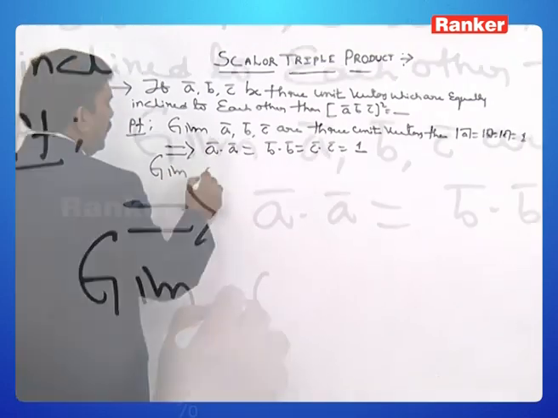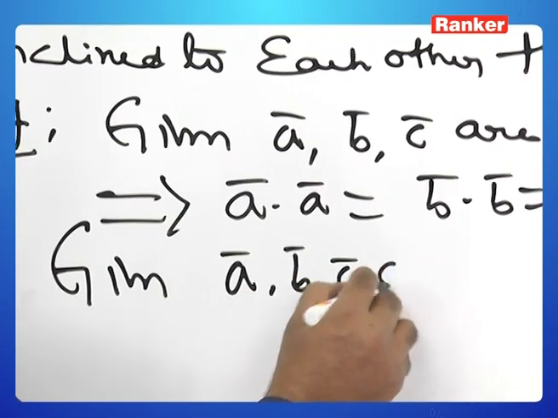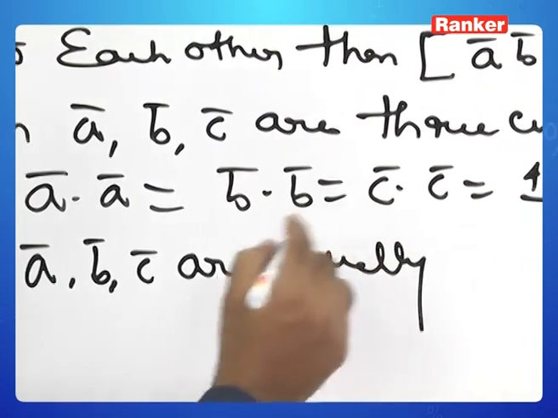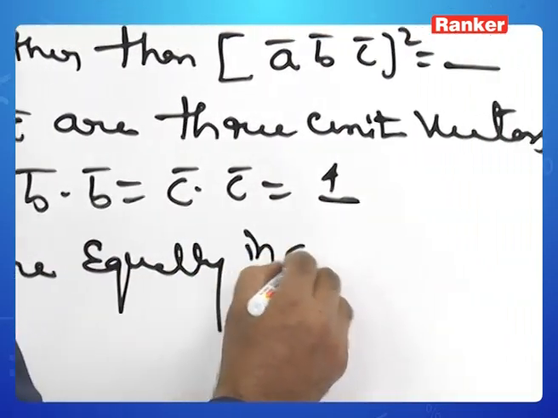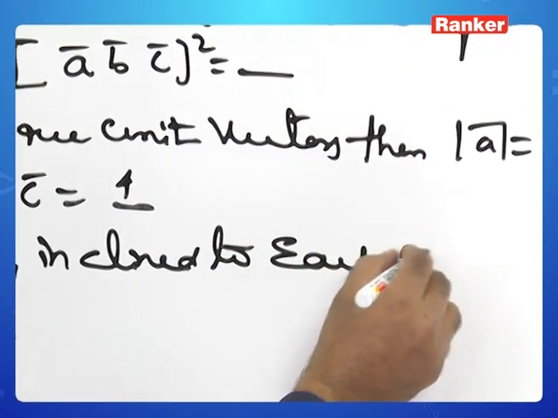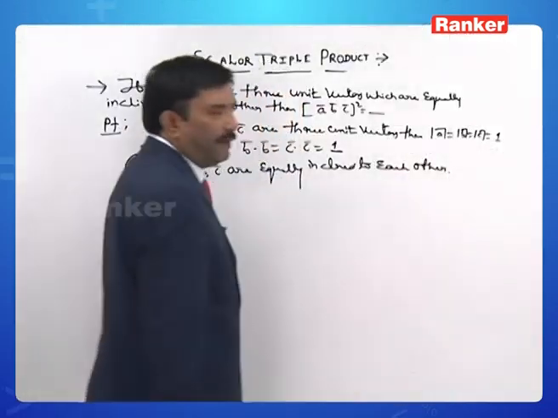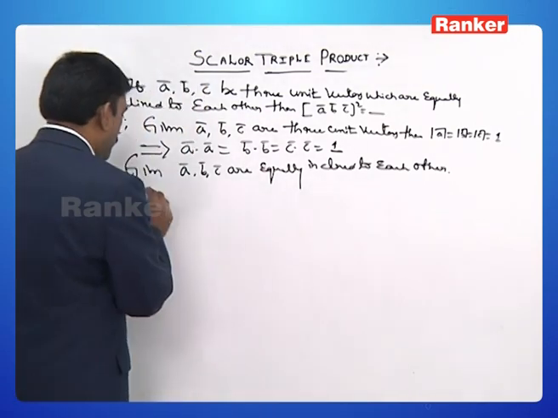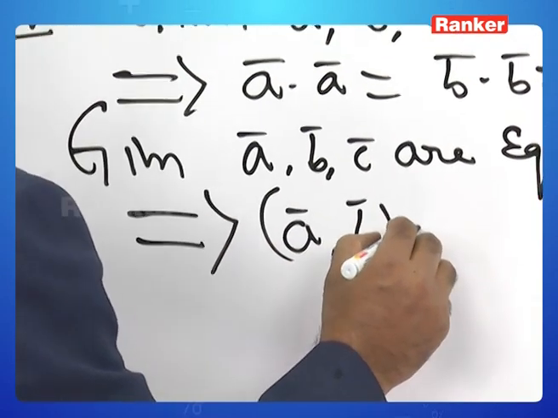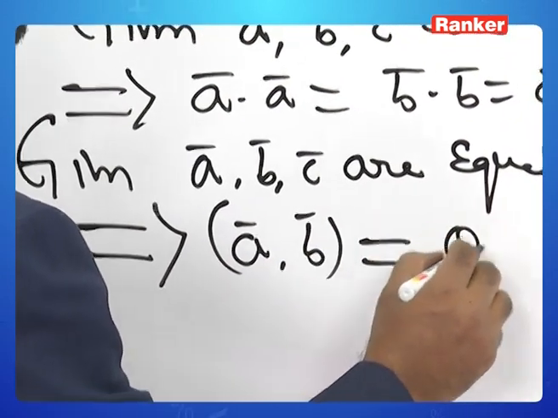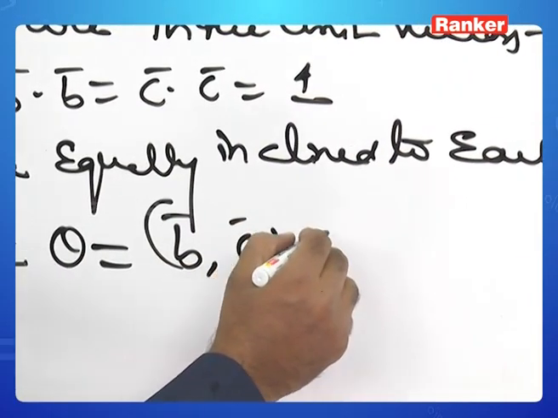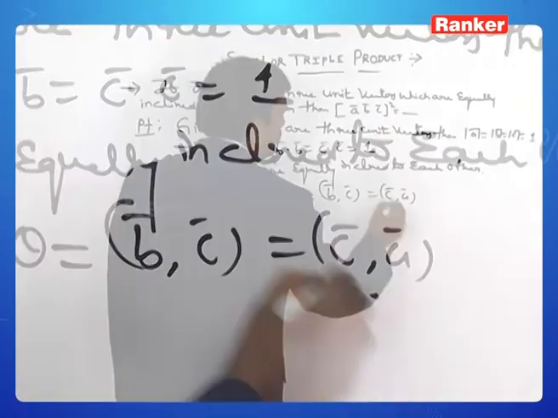Given A bar, B bar, C bar are equally inclined to each other, the angle between A bar and B bar is theta, equal to the angle between B bar and C bar, equal to the angle between C bar and A bar.